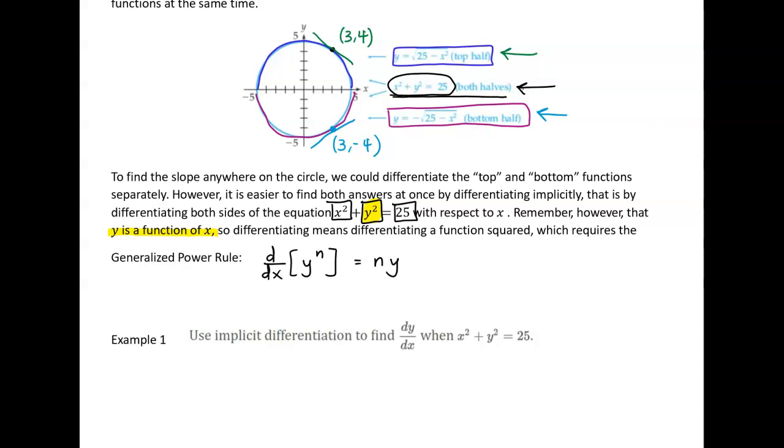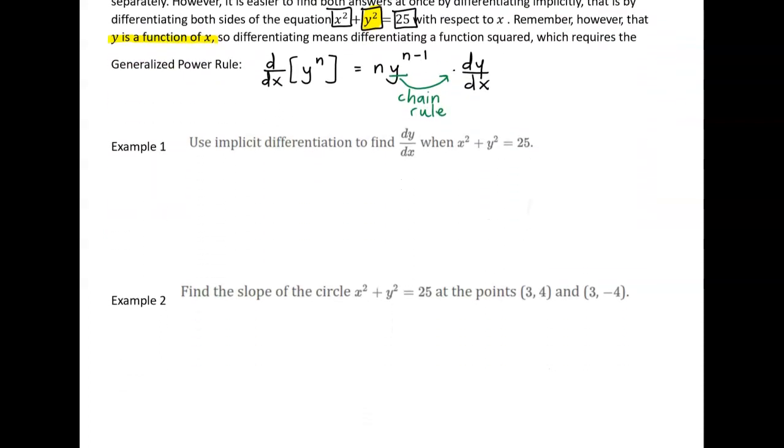The new exponent on y would be 1 less, so that would be n minus 1. But chain rule says we have to come in and take the derivative of y. And the derivative of y is simply dy dx, or y prime. I encourage you to write dy dx instead of y prime because I don't want you to think that a y prime is a y. Those look a little bit too similar. So we're going to be using dy dx.